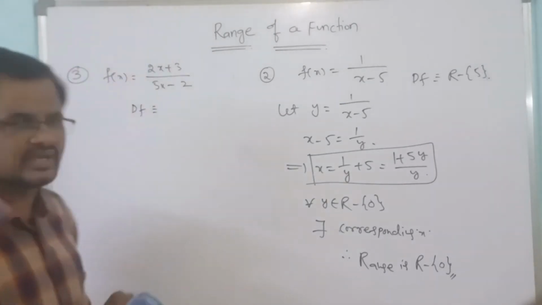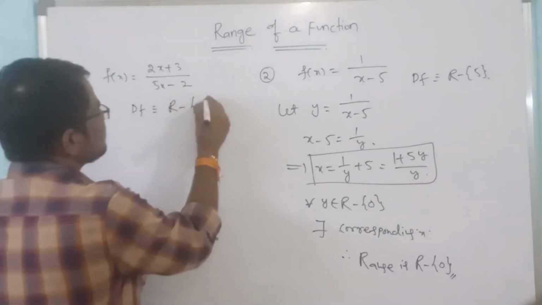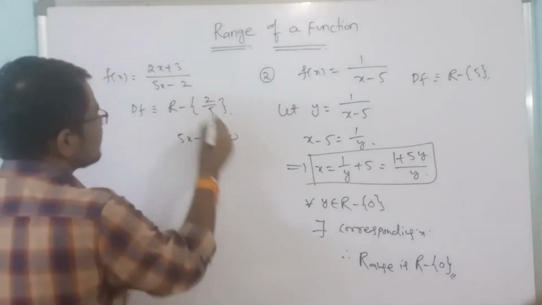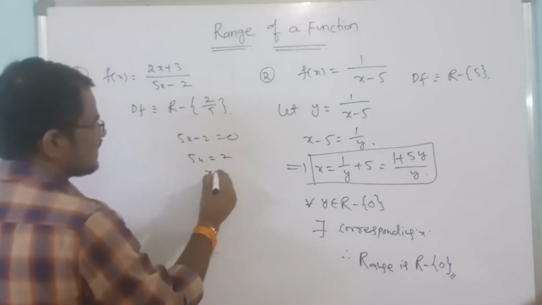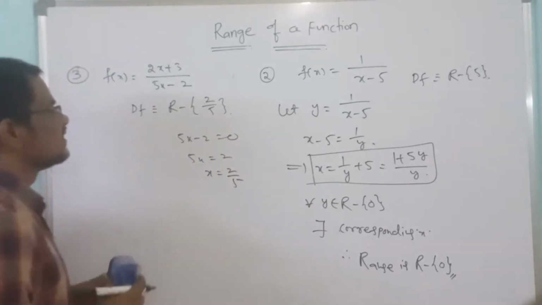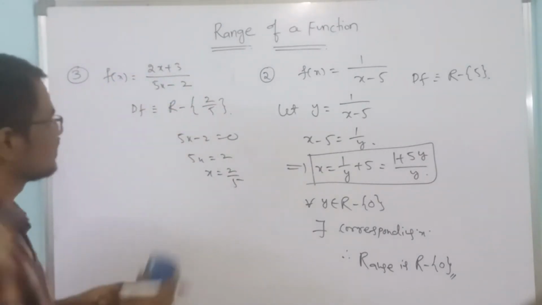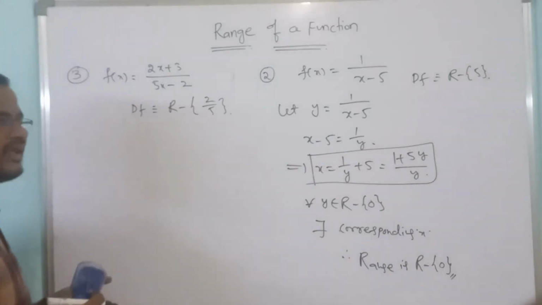All the real numbers can be taken in place of x, except 2 by 5, right? Because if the denominator is 0, this function does not exist. So 5x equal to 2 and x equal to 2 by 5. So except 2 by 5, all the real numbers exist for this one. Now the domain of this function is R minus 2 by 5.